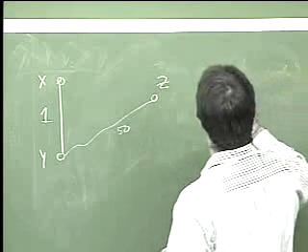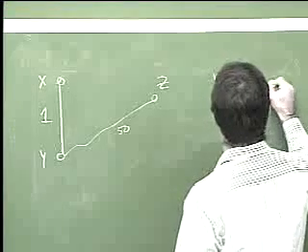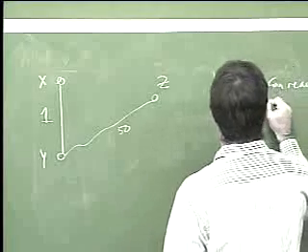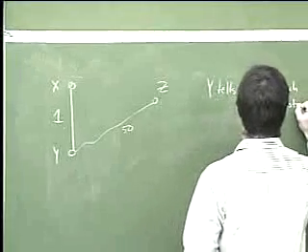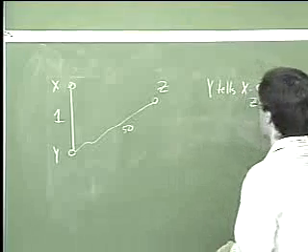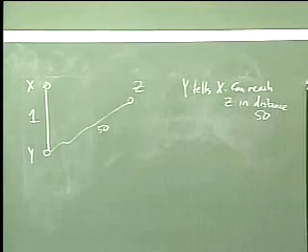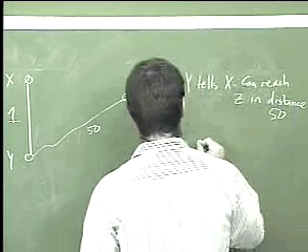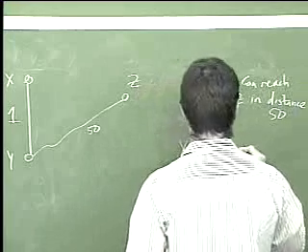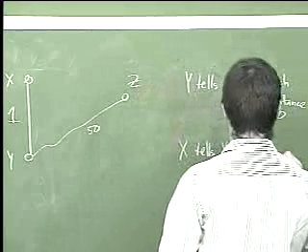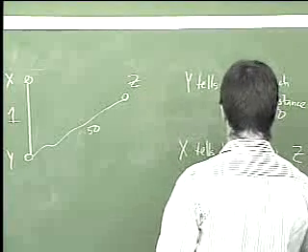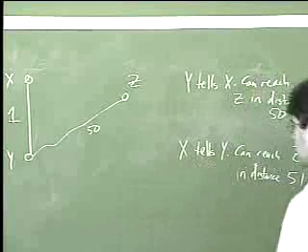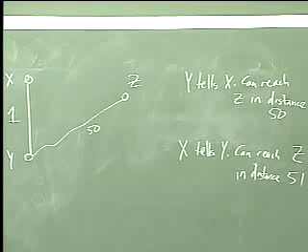Y tells X it can reach Z in distance 50. Right? And in distance vector, the neighbors are always reporting information to one another. So X tells Y it can reach Z in distance 51. Right?